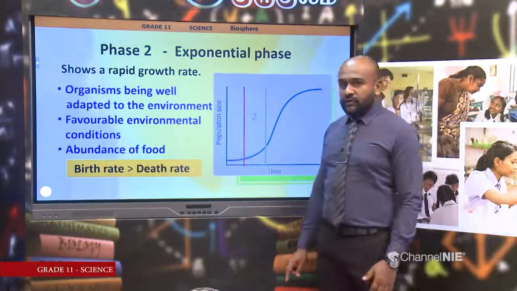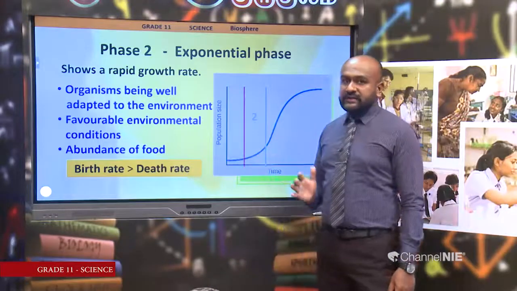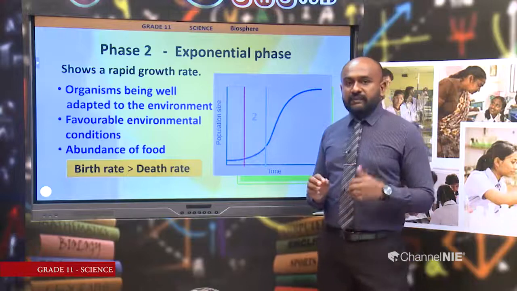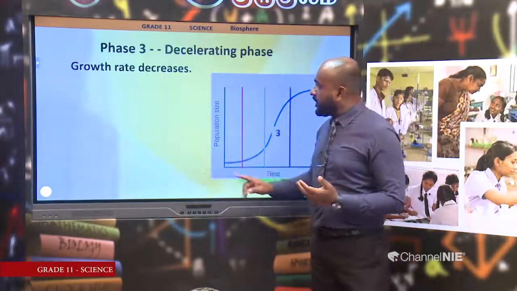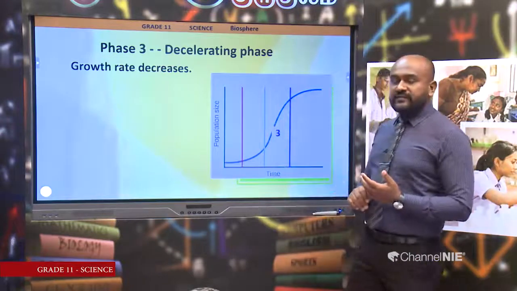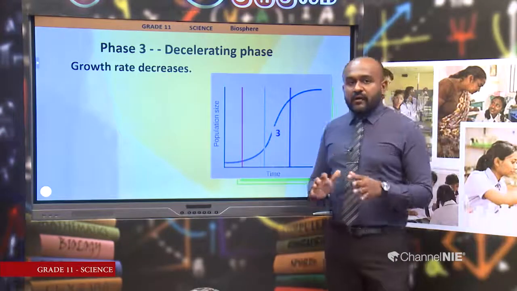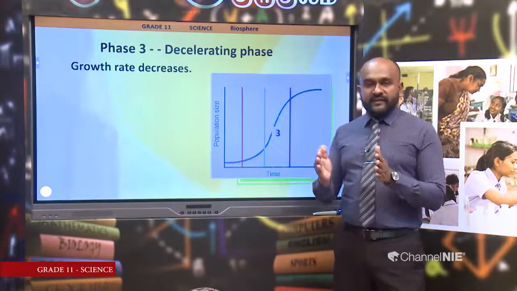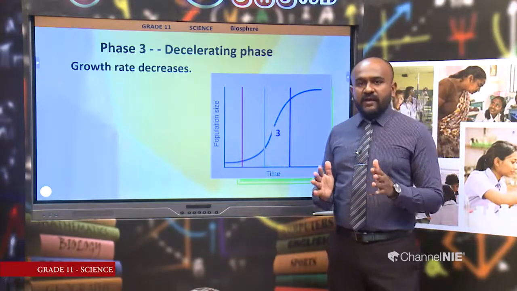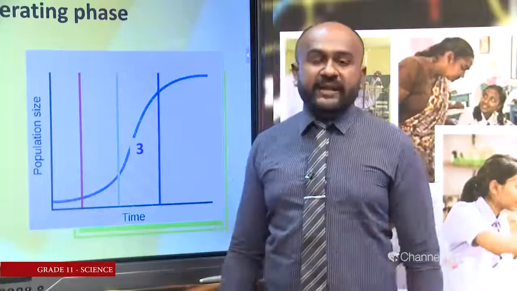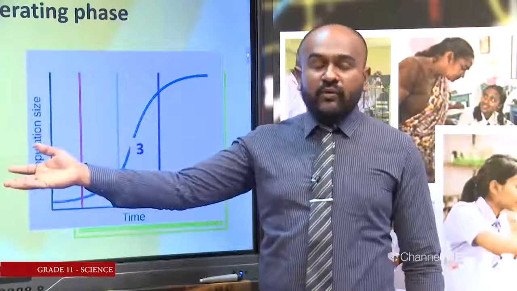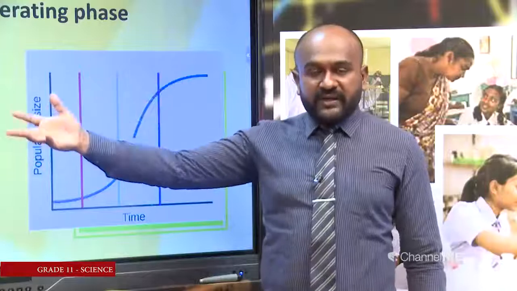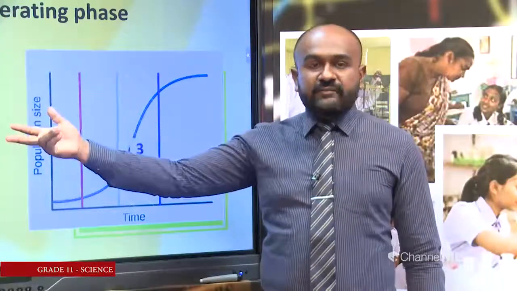Now, we are going to go to the third phase that we see in the typical growth curve. What is it? Yeah, the decelerating phase. Now, you see in the second phase, the exponential phase, the number of organisms increases rapidly. So, obviously, what happens now? The number is really high now. So, there will be competition and meanwhile predation will be there.